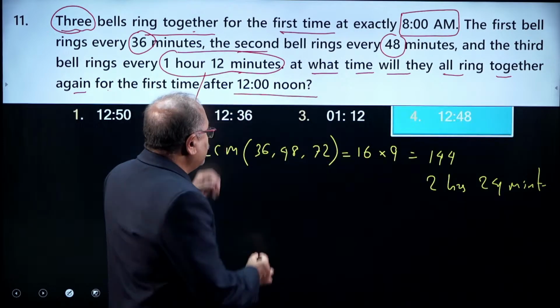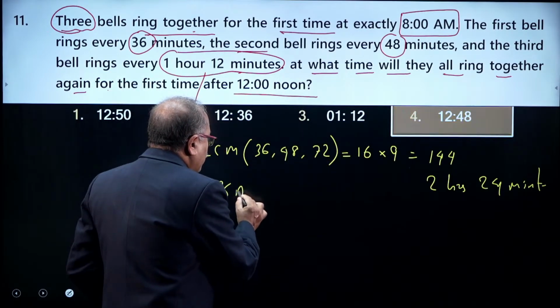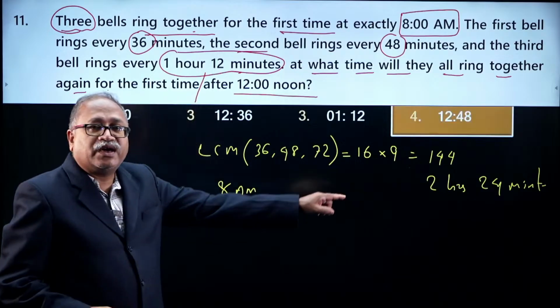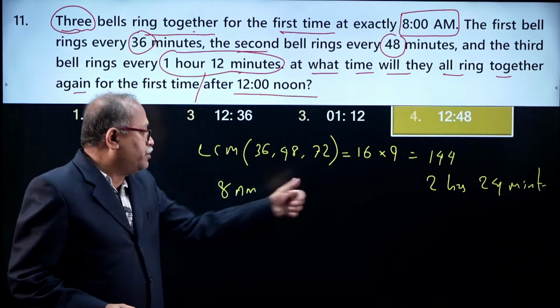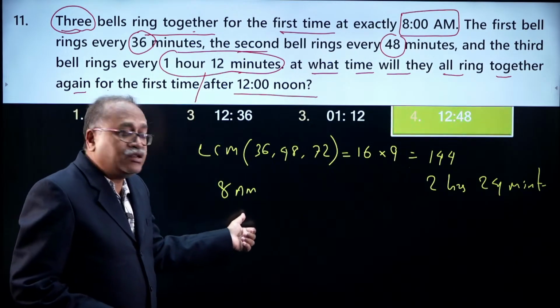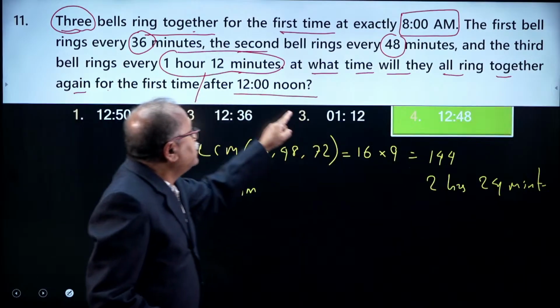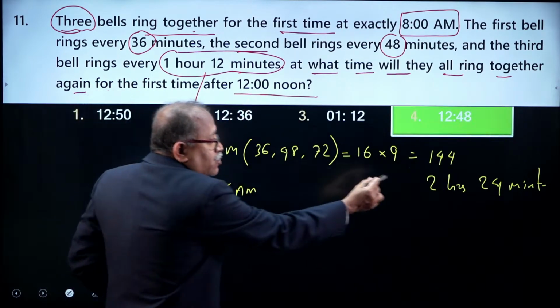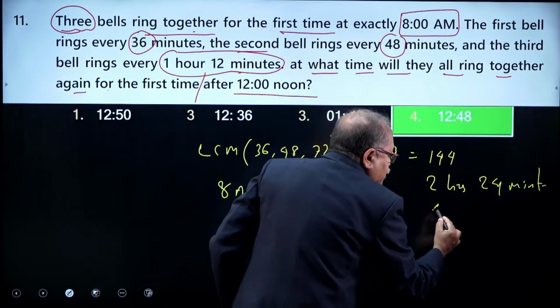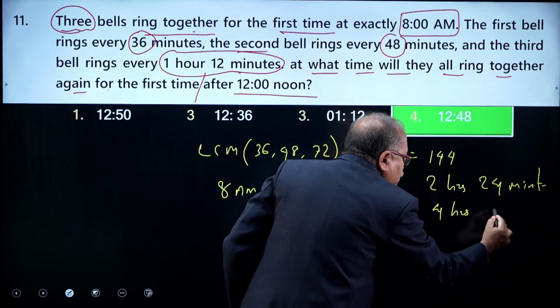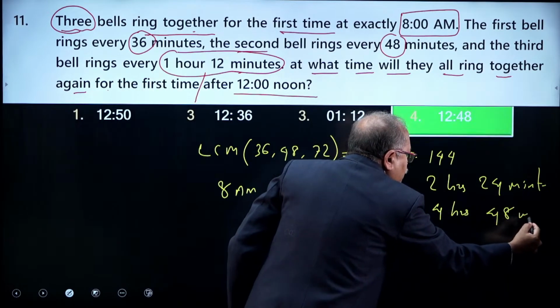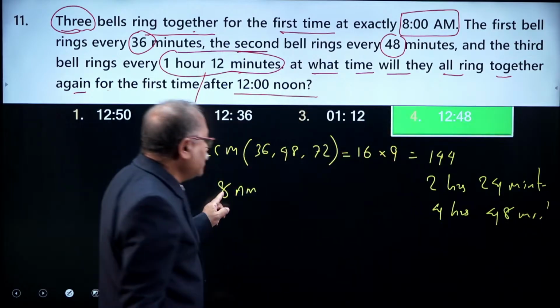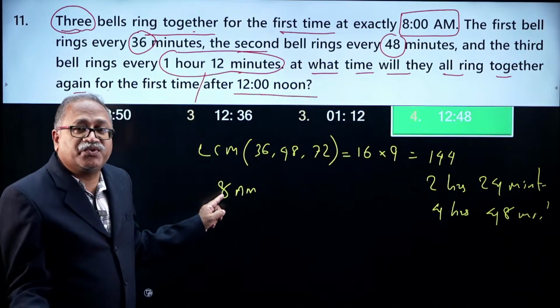So here it is 8 a.m., it is given to us. To 8 a.m., if I add 2 hours 24 minutes, that comes to 10:24. But it is said that first time after 12 noon. So if I go for one more time, then this is 4 hours 48 minutes. So if I add 4 hours, 8 plus 4 is 12.